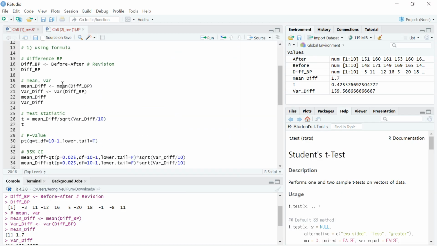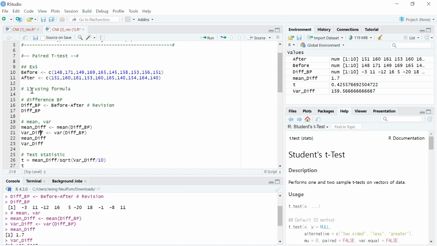I think it doesn't matter, but it is important that we are consistent about the formula.